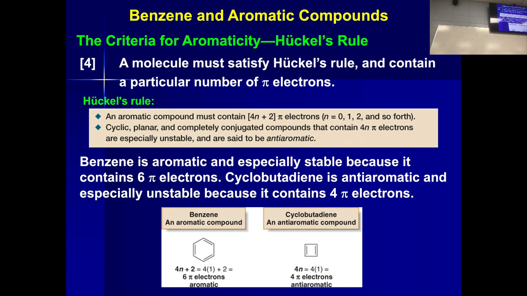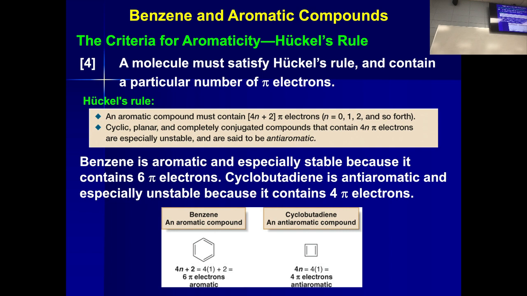They give you the example of cyclobutadiene. Okay? If we were to make this, it could be flat. It is completely conjugated. There's a p orbital on every carbon atom. It is cyclic, but it does not satisfy Huckel's rule.